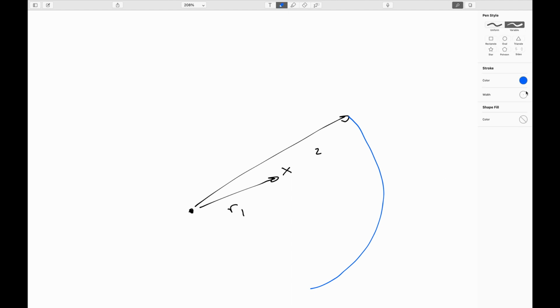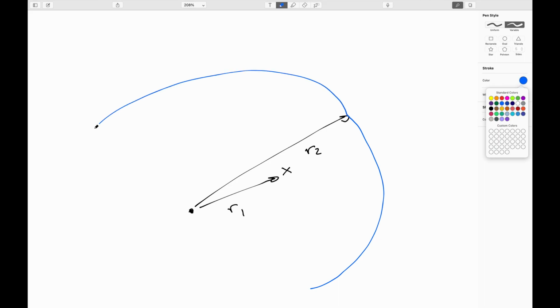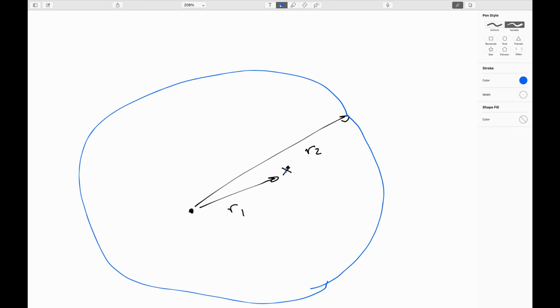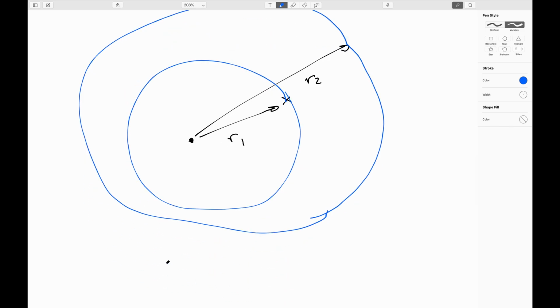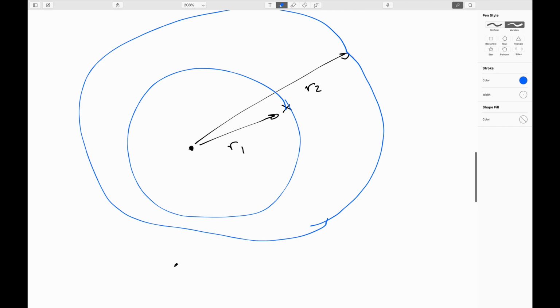And so we'll go ahead and finish drawing our spherical wavefronts around there. You know it's spherical because I told you it was. Oh man, that r2 one is just awful.